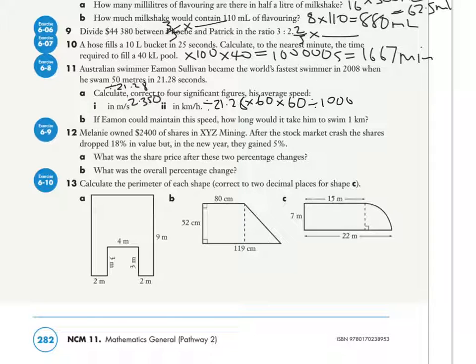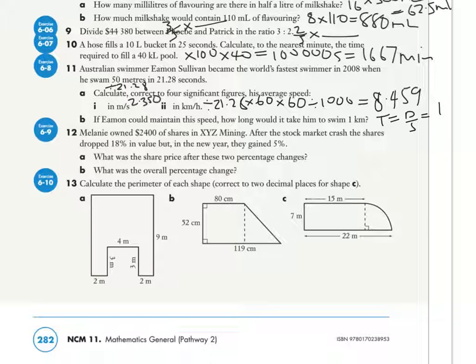So kilometres per hour. And we get 8.459. Okay, if you could maintain this speed, how long would it take him to swim a kilometre? So speed is distance over time, so time will be distance over speed.